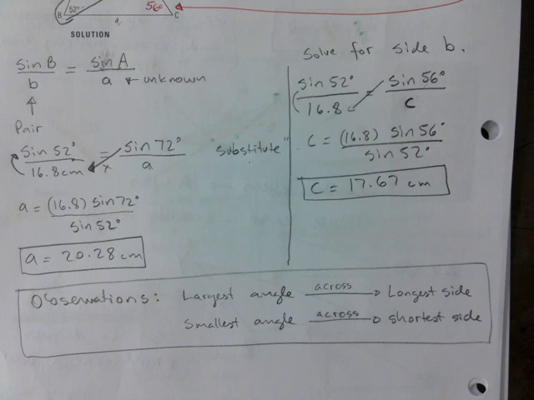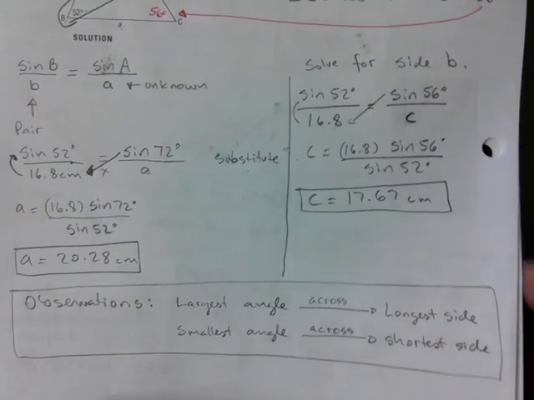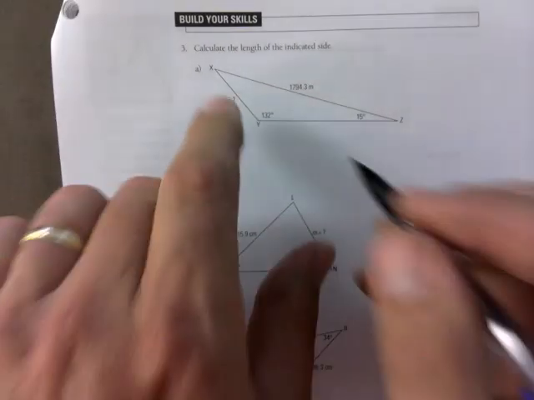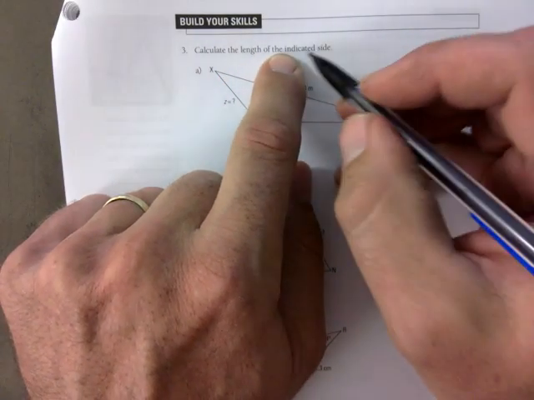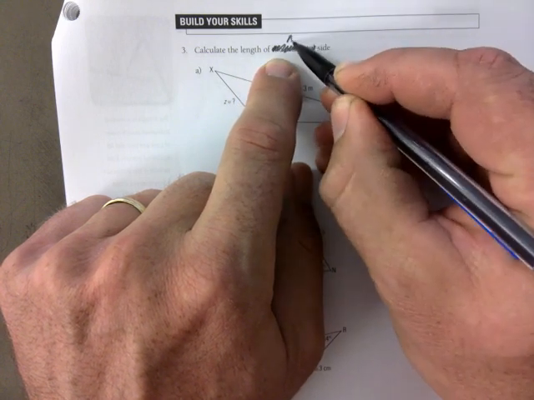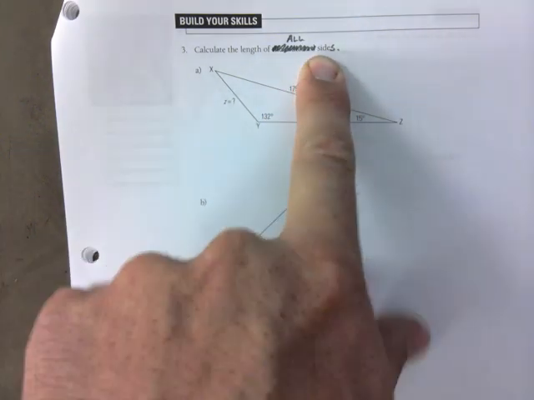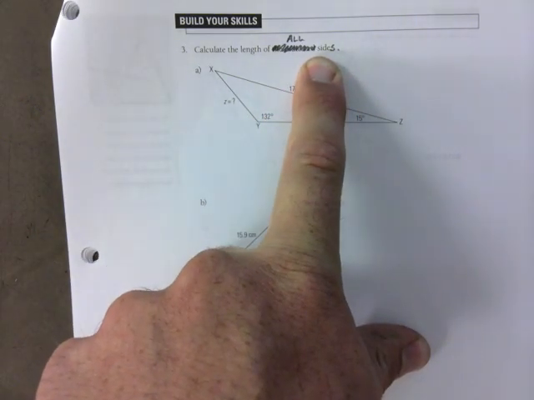But I'm going to put a twist to it. So you have to be ready for this. Backside, 26. I will ask you this. Calculate the length of all sides. All sides.